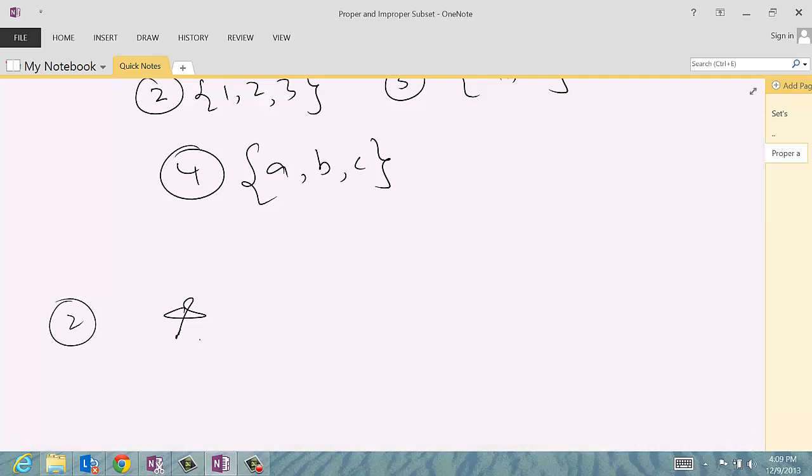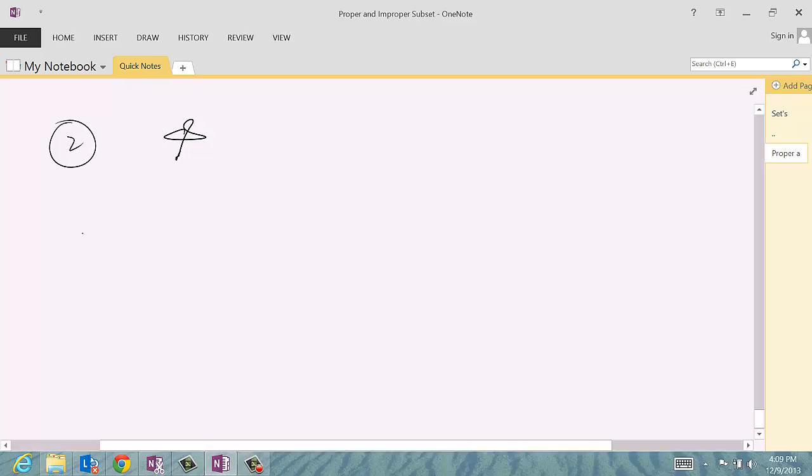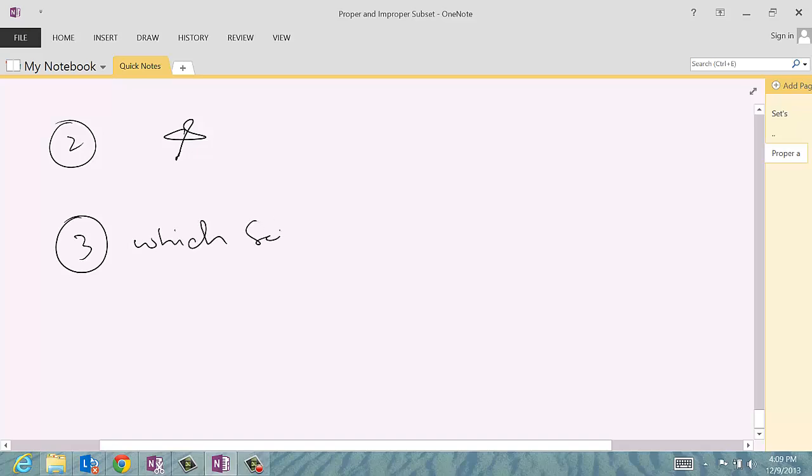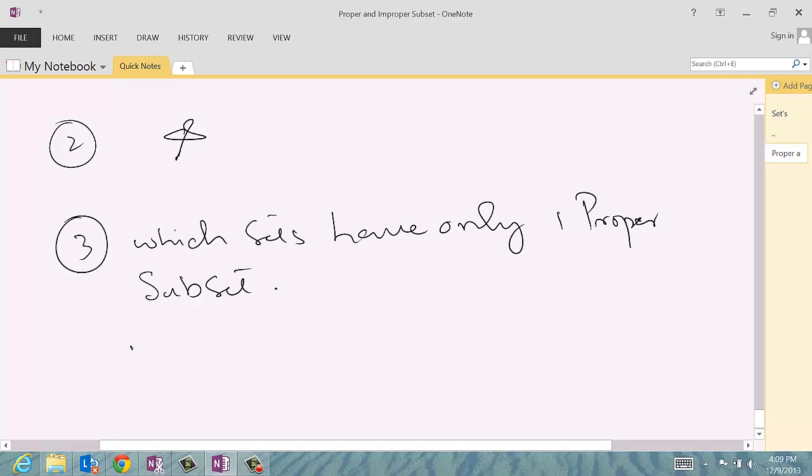So let's take another question, and I'm going to say this is question number 3. Which sets possess only one proper subset? I know you are thinking about all those singleton sets.